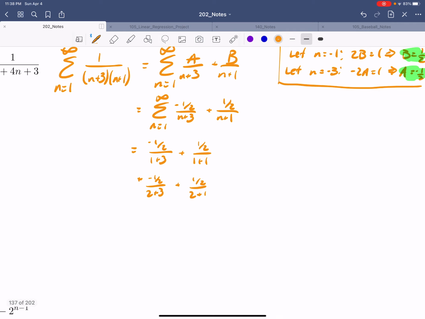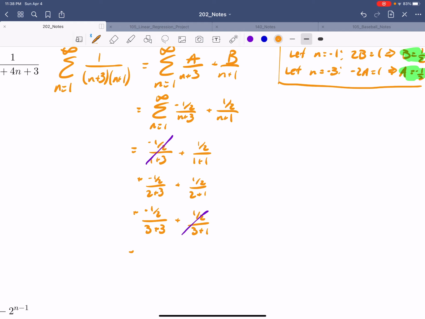Nothing's really canceling yet. Plus negative 1 half over 3 plus 3 plus 1 half over 3 plus 1. And now, if you're careful, you might start to see that that's canceling.